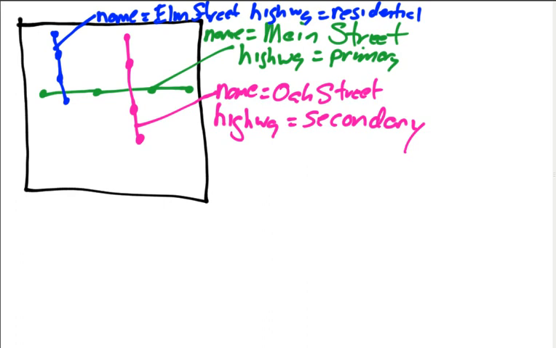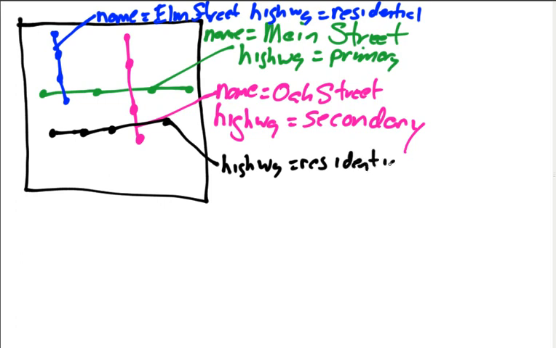And last one, let's see, running out of colors here. So let's just do this one in black. And we'll call this one, let's just draw it first. 3, 4. We don't have to have 4 nodes, but I like consistency. So make the highway equals residential. And name, we'll call that Cedar Lane.